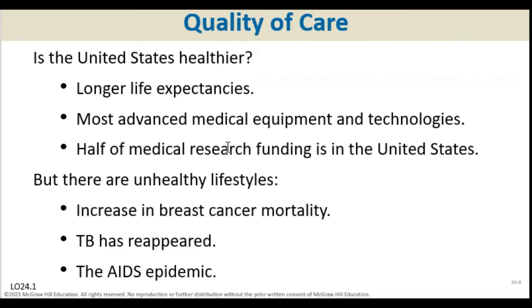So the US may be consuming healthcare where the marginal cost is greater than the marginal benefit. Therefore, we have over-allocation or overproduction of healthcare, over-allocation of the scarce resources to healthcare, and that generates efficiency loss to society as a whole.